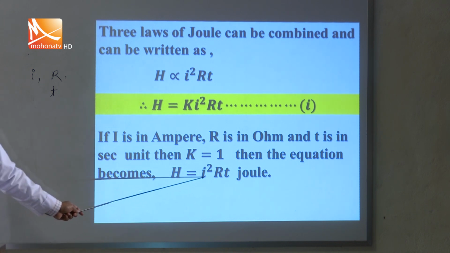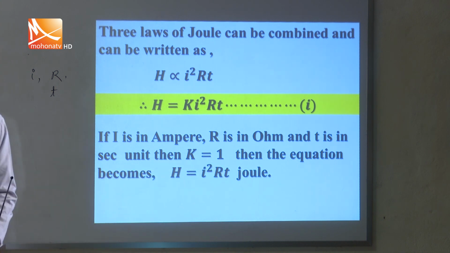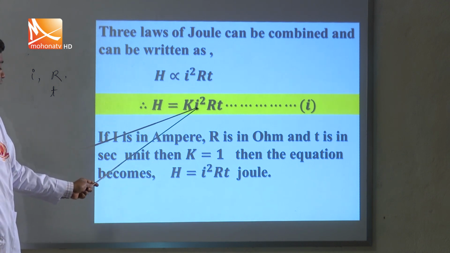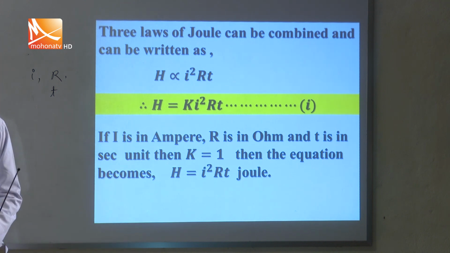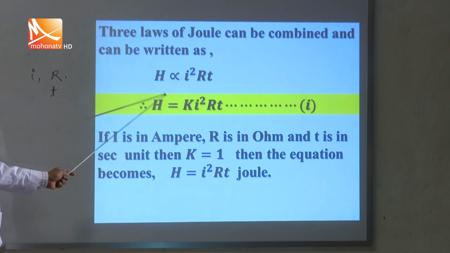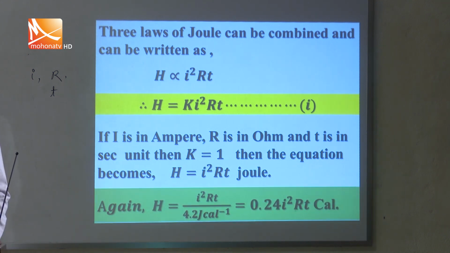That is H equals I square RT when I, R and T, all these three quantities are measured in SI unit. That means if you use ampere for current, ohm for resistance and second for time, then you will get the unit of produced heat as joule.